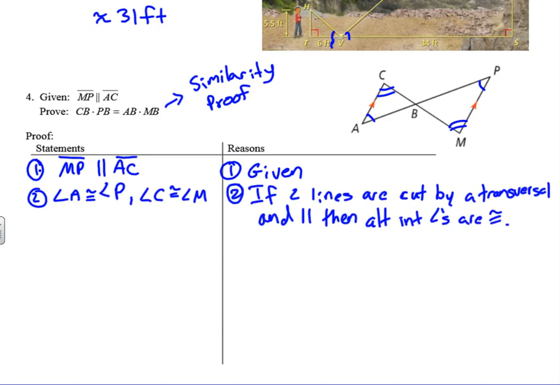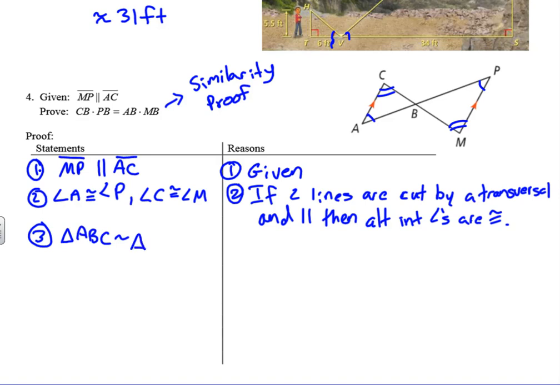Now that's enough to prove that the triangles are similar. I know somebody's sitting there saying, couldn't we do vertical angles? We could, but we've already shown 2 angle pairs in this one, so we don't need to do more. We have triangle, I'll call this one ABC, similar to triangle.